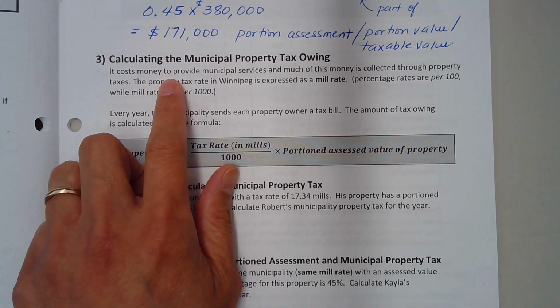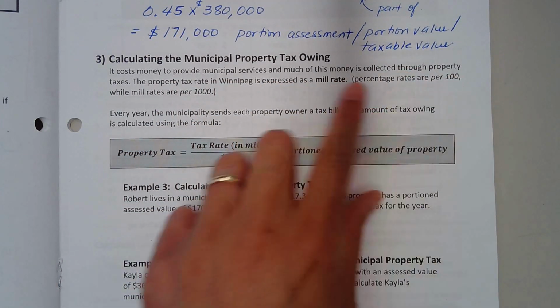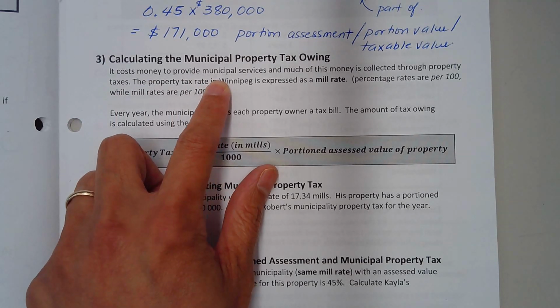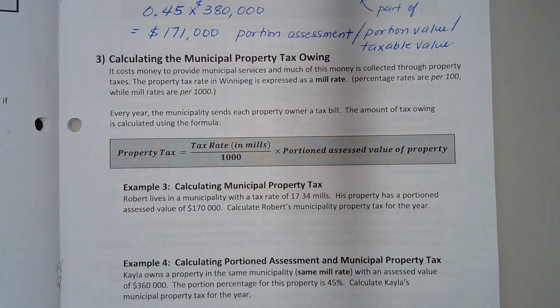It costs money to provide municipal services, and much of this money is collected through property taxes. The municipality of Winnipeg is in charge of certain things. Does anybody know what the city does? What do you think we pay for? Road repair, yeah, certainly, and we see a lot of that, right? Because we have issues with our roads.